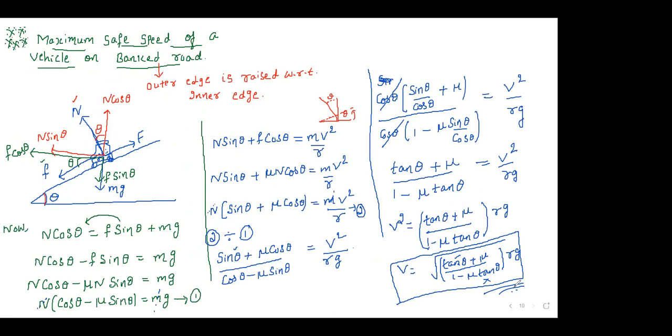Any doubts? So this is the concept of Newton's laws of motion, students. So this completes both the inertial part and the frictional part. Any doubts you have, you can raise the questions.